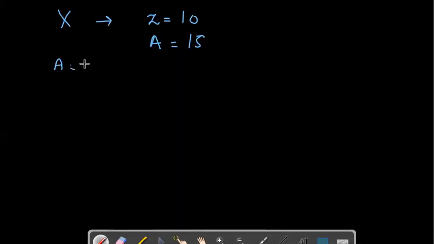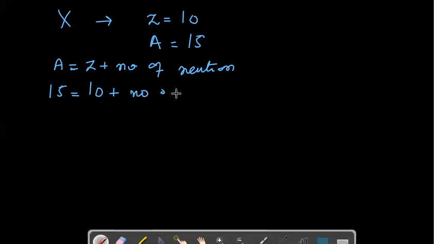As you know, A is equal to Z plus number of neutrons. Put these values in this formula. This would be 15 minus 10 is equal to the number of neutrons. Okay, so the species will have 15 neutrons in it. Although this isn't the case, the atomic number should be something like roundabout 20, but I just gave you the example. Okay, is it clear up to now?